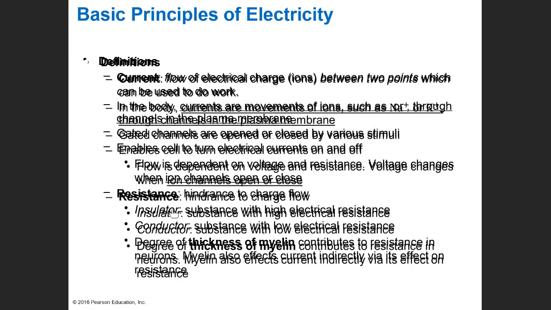An insulator is something that will provide a high resistance, meaning there will be a resistance to the charge flow across something, in our case, a plasma membrane. So an insulator is going to provide high resistance, meaning it will hinder current. It will hinder the movement of ions.